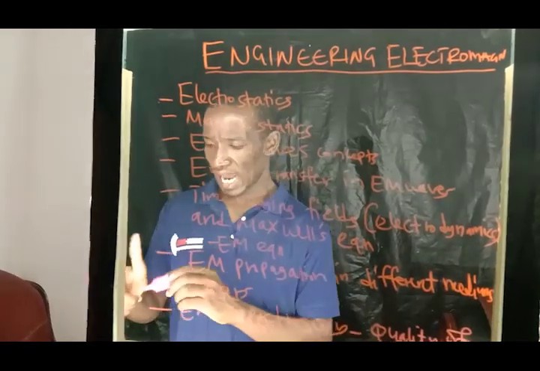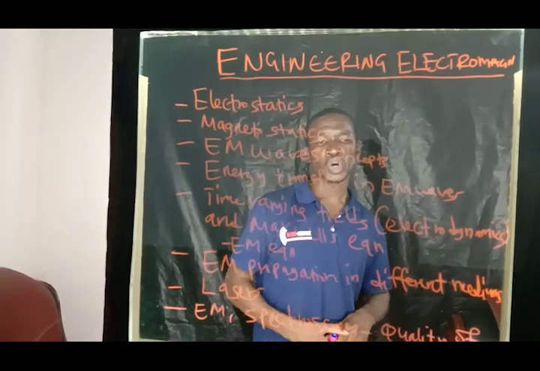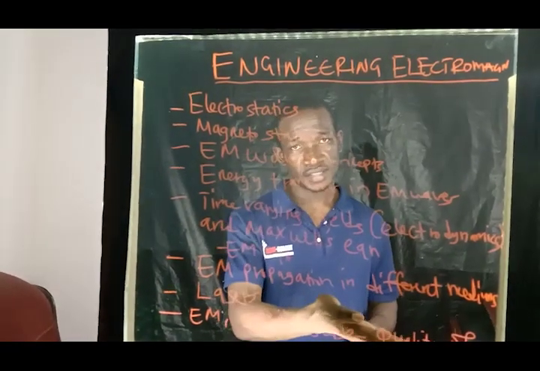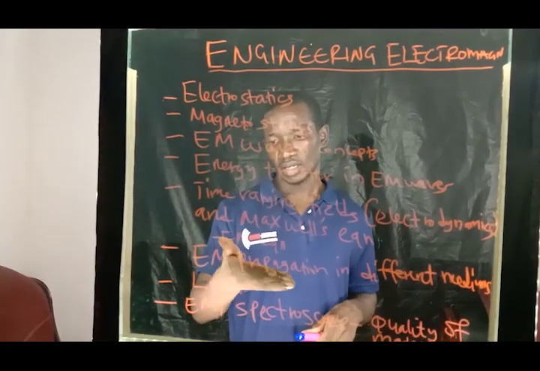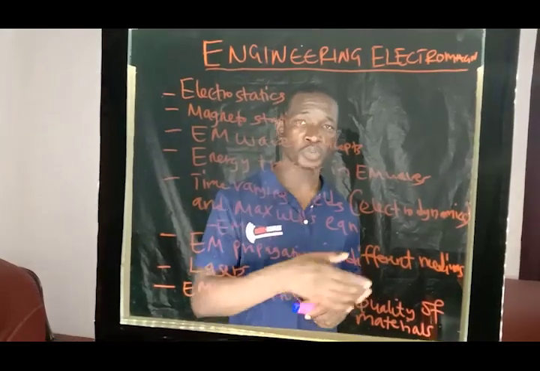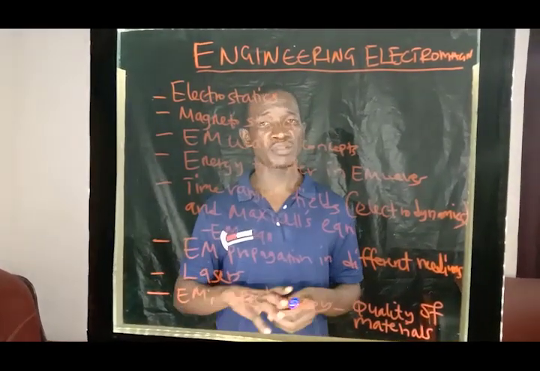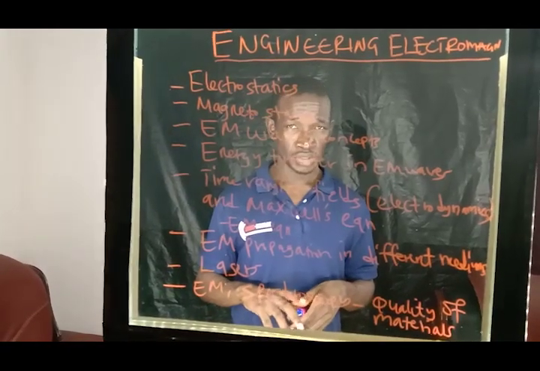We are going to look at how we can apply electromagnetic wave properties and principles to actually test or control the quality of materials. So this is a part, especially when we start with lasers and when we go to spectroscopy, at least you see some of the applications that are crucial in the current technological era.